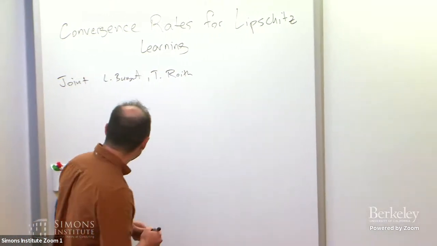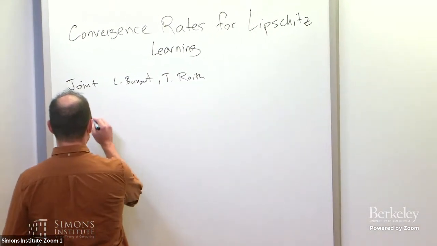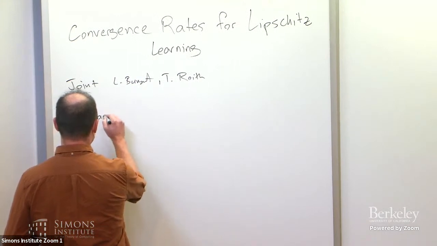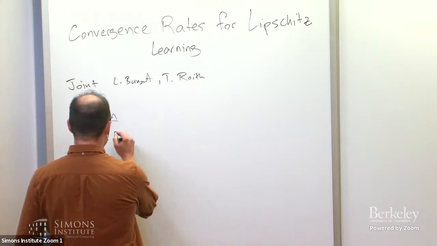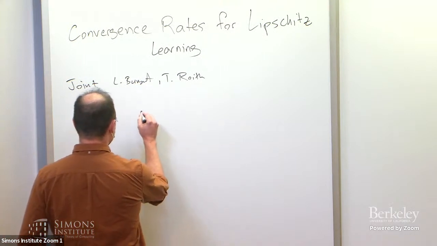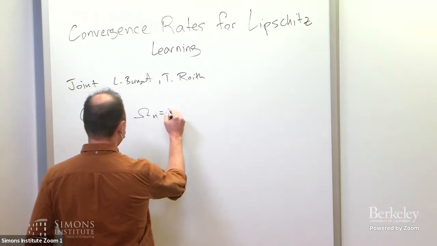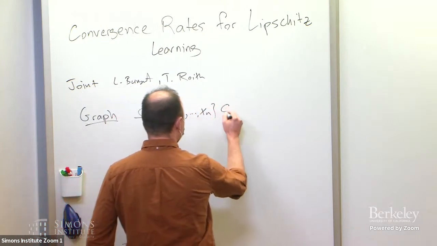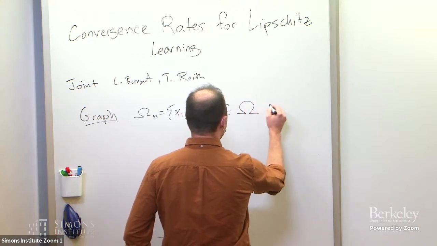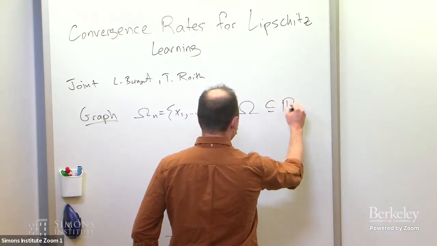And so just to get into things, we will have a graph, which will be the central object of study, like in other talks this week. We have vertices, we'll call them omega n, so this is x1 through xn, which are a subset of a domain, omega, which is a subset of Euclidean space.